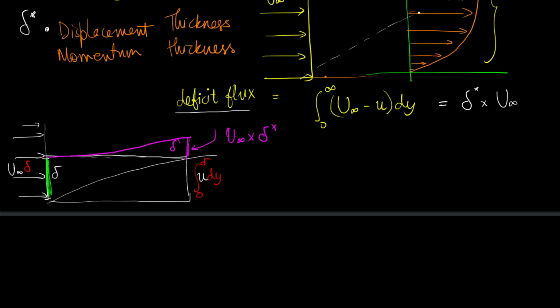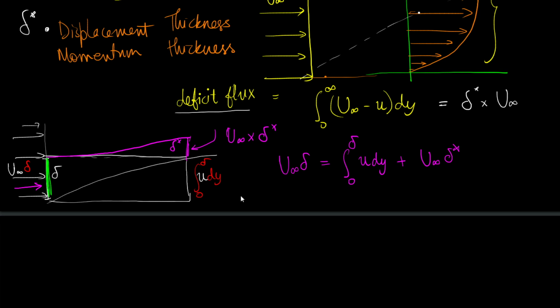So this is the delta star. So now if I match the incoming flux on this face and the outgoing flux on this face, u infinity times delta is equal to integral 0 to delta u dy plus u infinity times delta star.